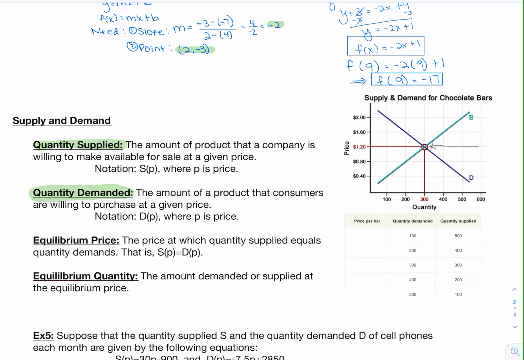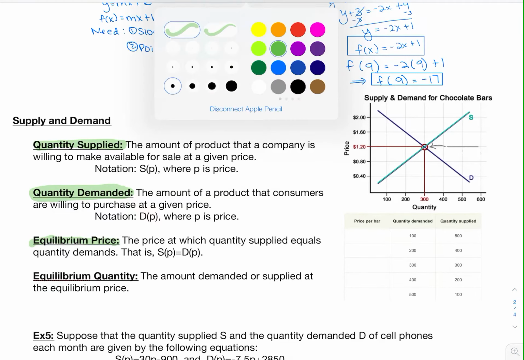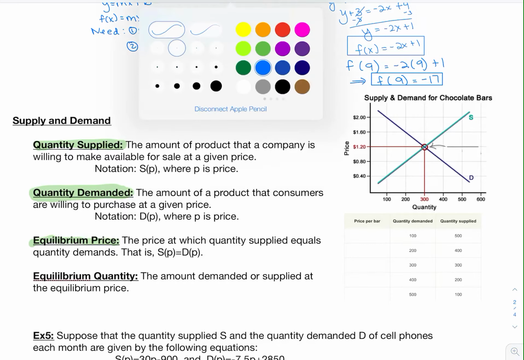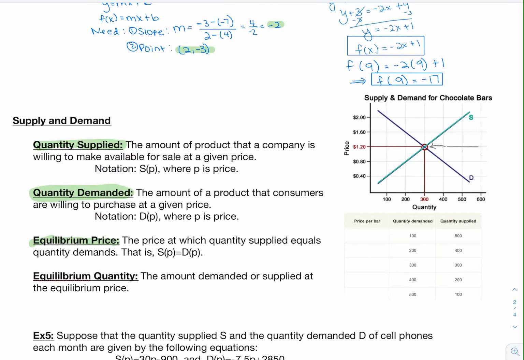Now, if you look over at the right, the point where supply and demand meet, so where the consumer and the producer meet, that's actually called the equilibrium point. So if you look over at the graph, this point in the middle is called the equilibrium point.